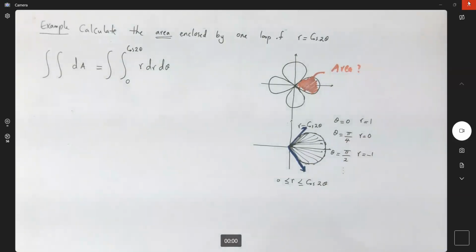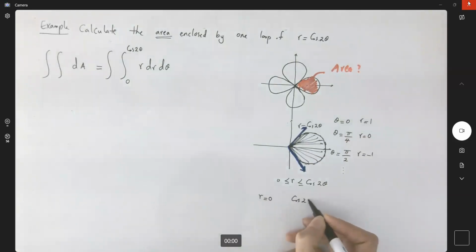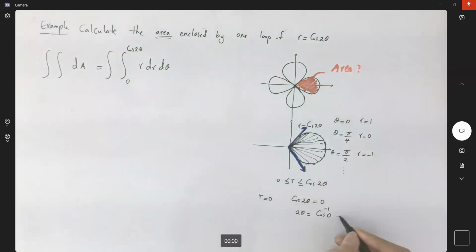So take a look at this scenario. Here you have your r equal to 0, cosine 2 theta is equal to 0. 2 theta is inverse cosine of 0, which is equal to pi over 2. So my theta becomes pi over 4.